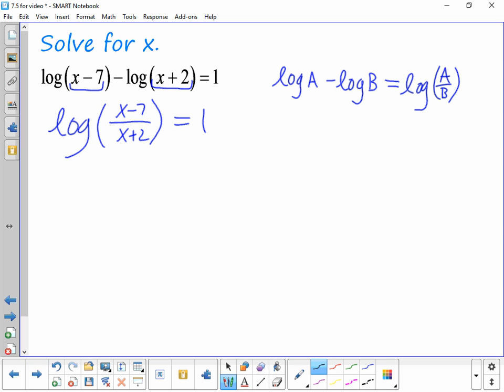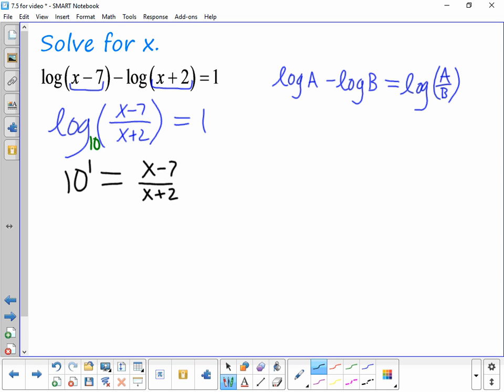So now we can rewrite this equation. It still looks a little bit complicated, and it is complicated. This is not an easy problem, but we need to remember before we rewrite it that this is a base 10 logarithm. So when we rewrite it, it would be 10 to the power 1 is equal to this fraction x minus 7 over x plus 2.